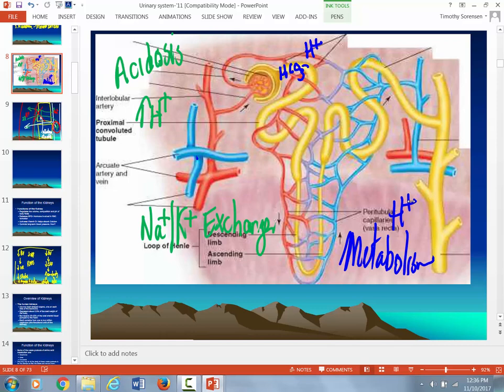So this little system is always in play. You got to maintain that pH. Your pH is off, man. That blood don't have no kick. How you maintain the pH of your blood is by actively secreting hydrogen ions and then reabsorbing bicarbonate back into the blood.